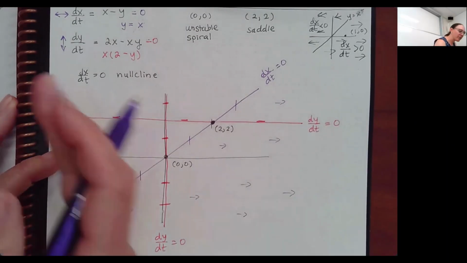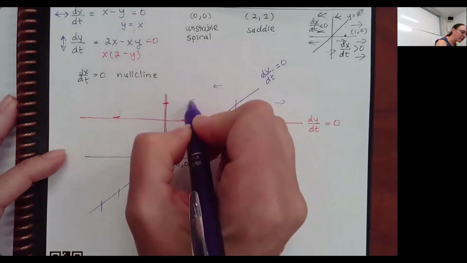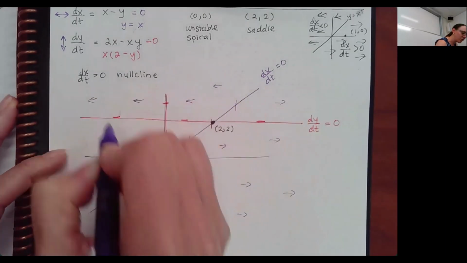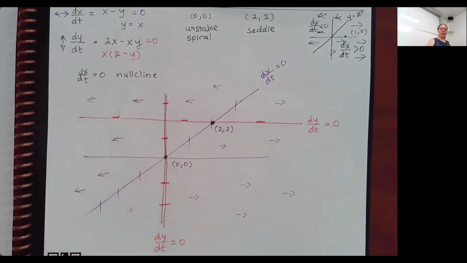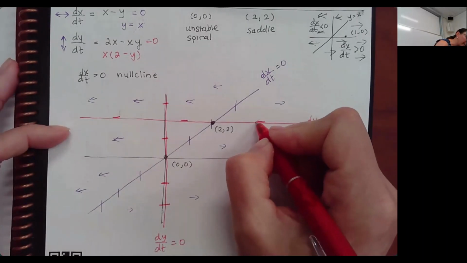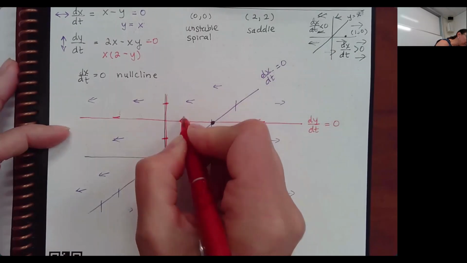And everywhere on the other side of the line, I'm going to draw myself vectors that are pointed to the left. By the way, that means that I know what direction the vectors point along these dy dt null lines.